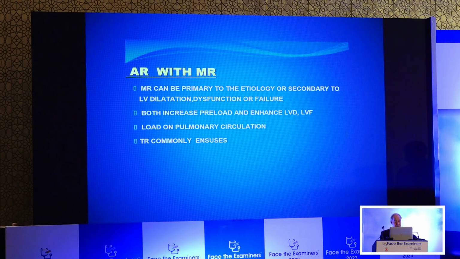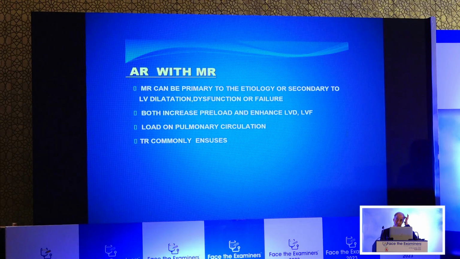In severe aortic regurgitation, if it is long standing, there can occur LV dilatation, LV dysfunction, LV failure, and then it can give rise to mitral regurgitation. And both the lesions, aortic regurgitation and mitral regurgitation, can further enhance the left ventricular dilatation and left ventricular failure. There can be load on the pulmonary circulation, and also PH and TR can develop in these patients.